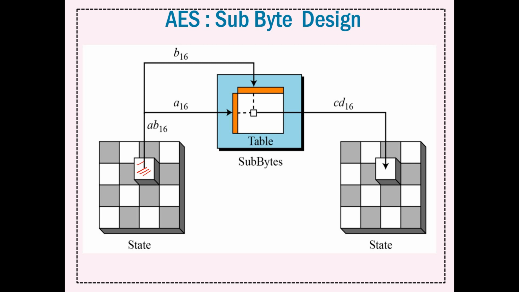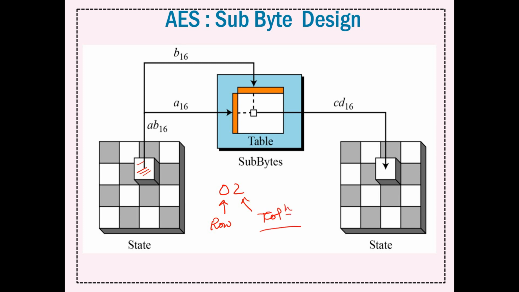So for encryption there will be one table, for decryption there will be another table. Now what will happen, for every byte we will see the inputs because they are all hexadecimal numbers. Suppose we are getting a value of 02. Suppose this element has a 02 entry, for example. So this 0 will indicate the row of the table, and please make a note of this, and this will be giving us the column of the table.